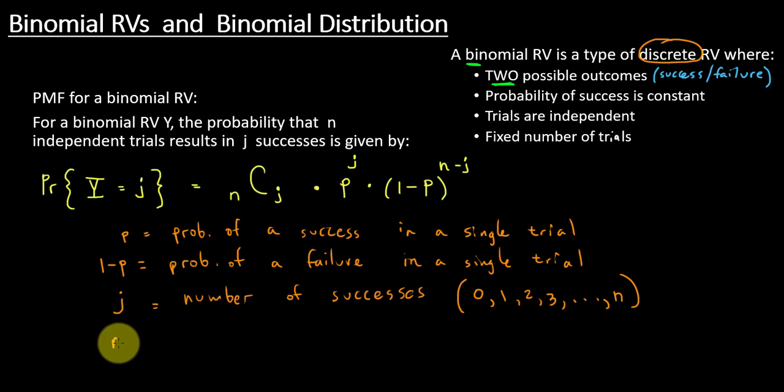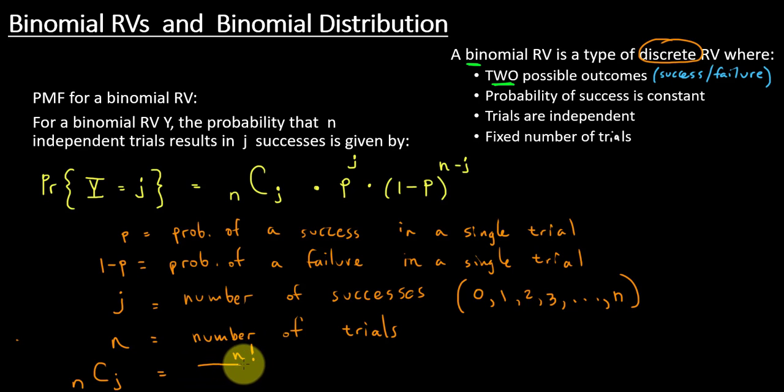Let's see, n, therefore, is the number of trials. Another perspective of sample size, essentially. And n choose j. We first saw this in about chapter 1, and the formula for such has to do with these factorials.